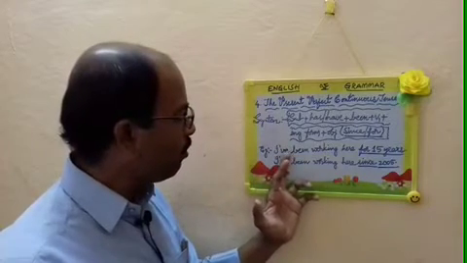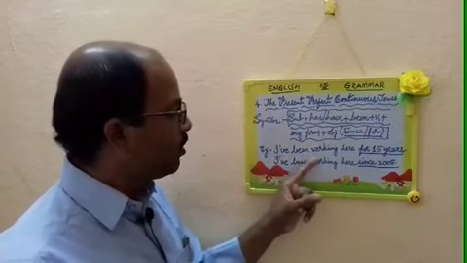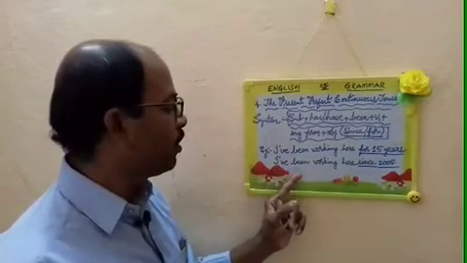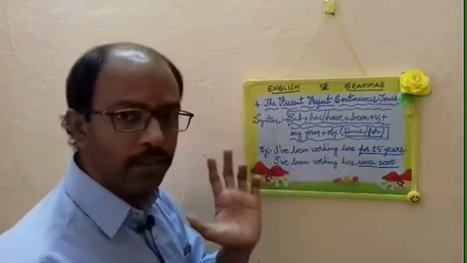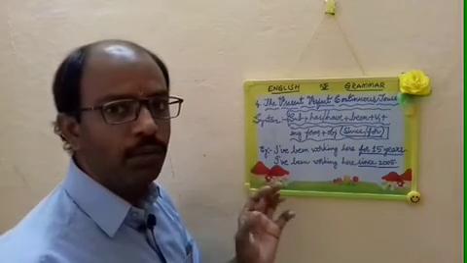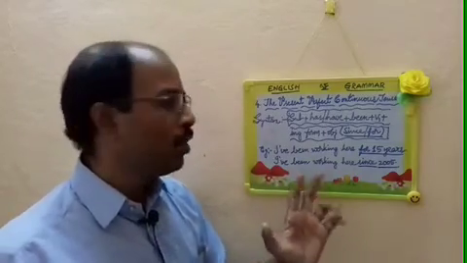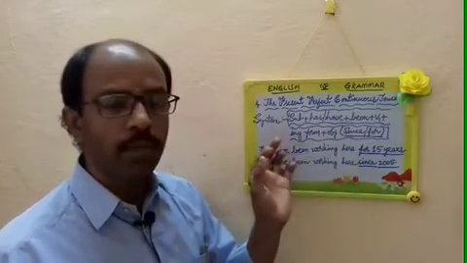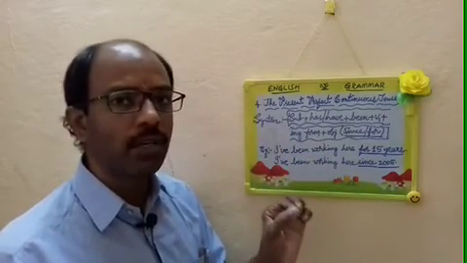I have worked here for 15 years. I have worked for 15 years. Now we use only for, not since. If you want to use for and since both, you have to use the present perfect continuous tense only.